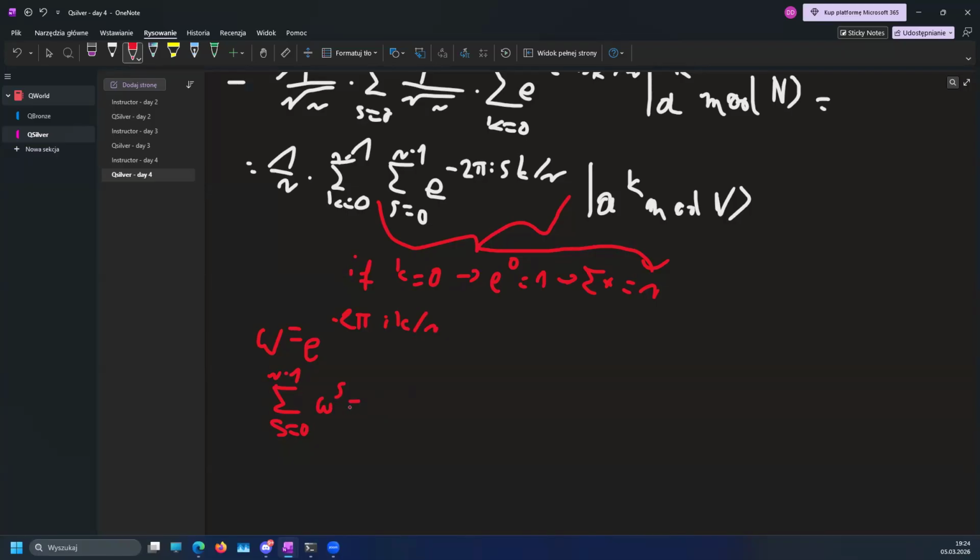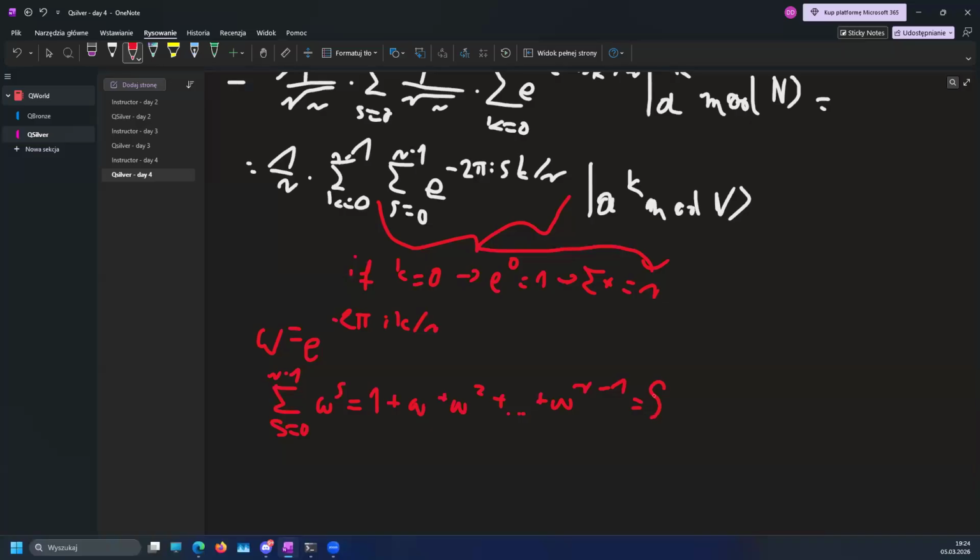And this we can rewrite as, for s equal to 0, we have 1. For s equal to 1, we have just omega. Then we have omega squared, and so on, until we get omega to the power of r minus 1. And if you look at this, this is a geometric series, where the elements are multiplied by omega one after another.